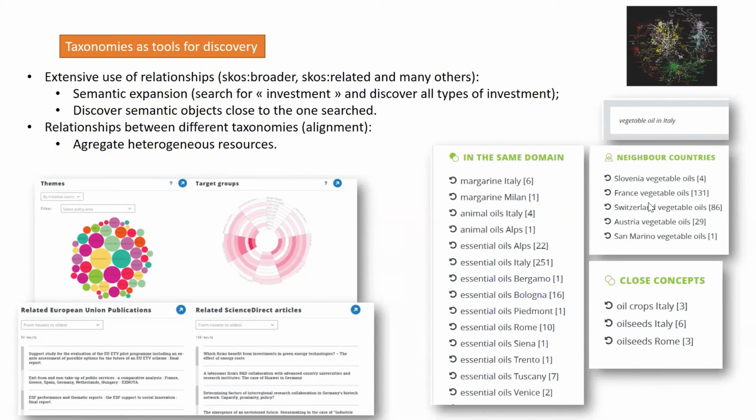And the third thing, very important. I talked about relationships inside taxonomies, but one really important thing that we call taxonomic alignment is relationships between different taxonomies. So how to align different taxonomies. It could be for reference purposes, like aligning the OECD taxonomy with the UNESCO taxonomy and with the IMF taxonomy.